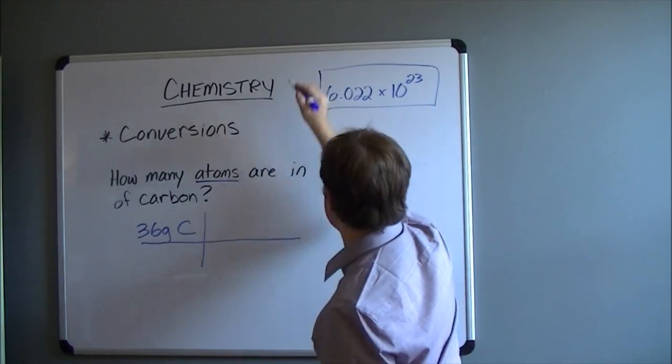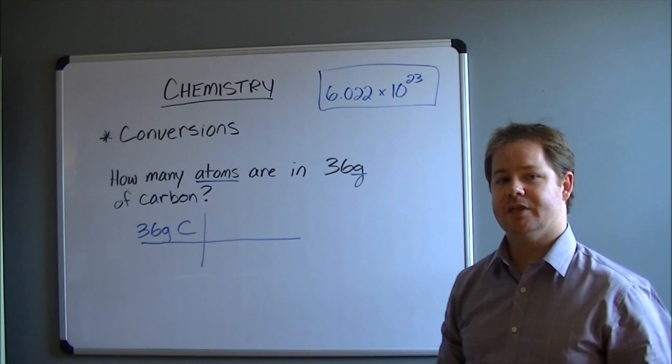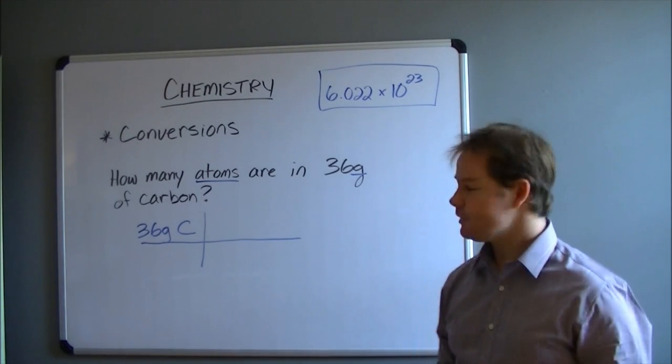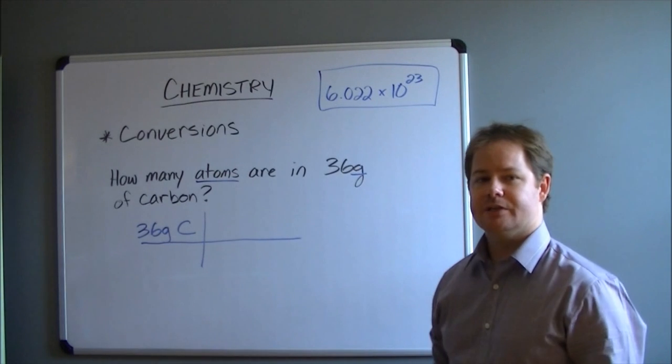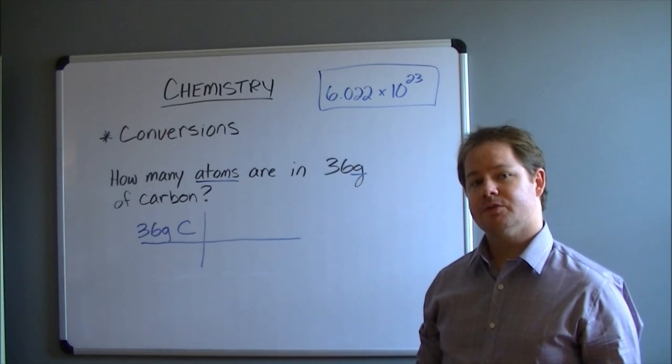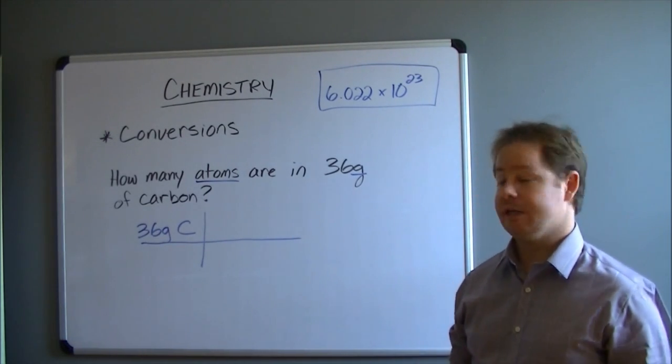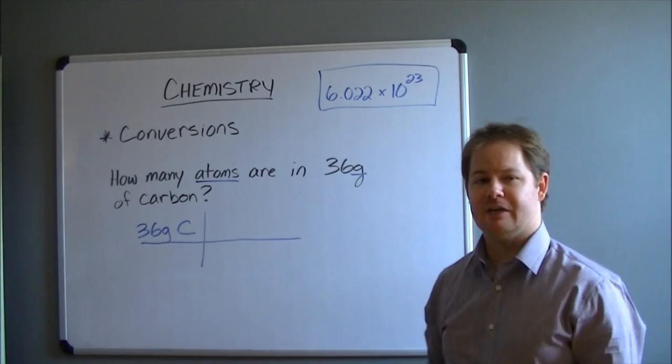And I'm going to go ahead and just put that in a box in the corner of our page because that's a very important number. Let's talk about what that number means. So Avogadro's number tells us the number of atoms that are in what we call 1 mole of a substance. And a mole is just a shorthand way of referring to this many atoms.